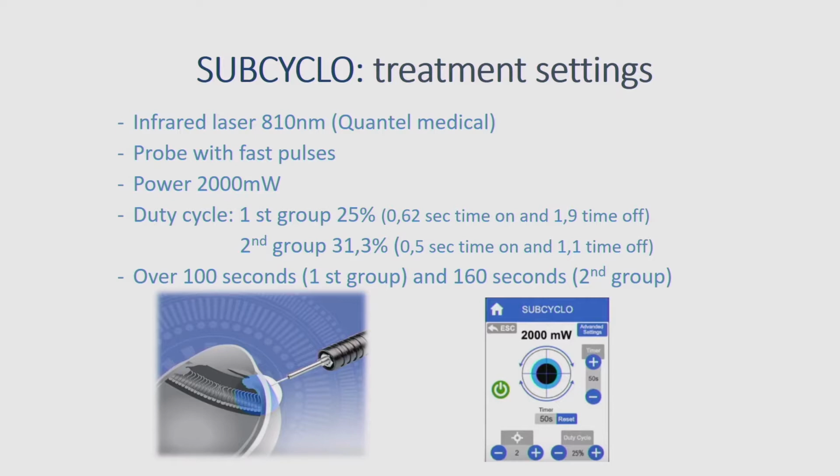The duration was 100 seconds for the first group and 160 for the second.